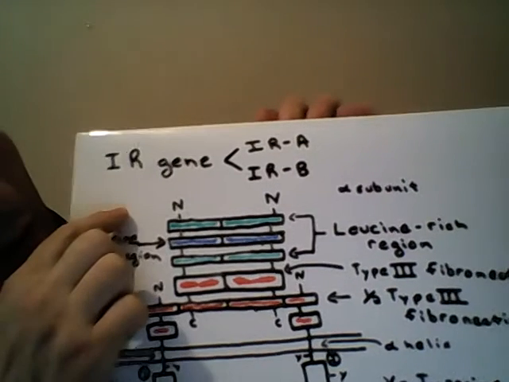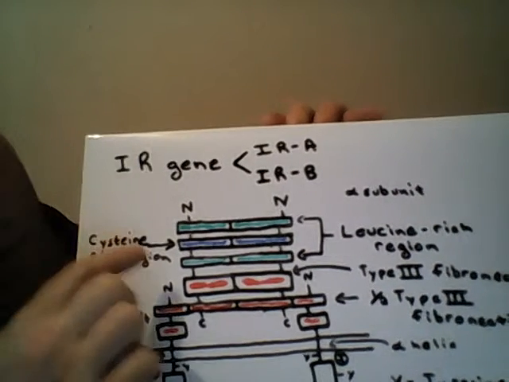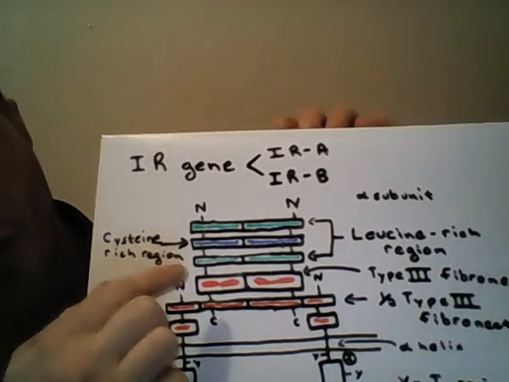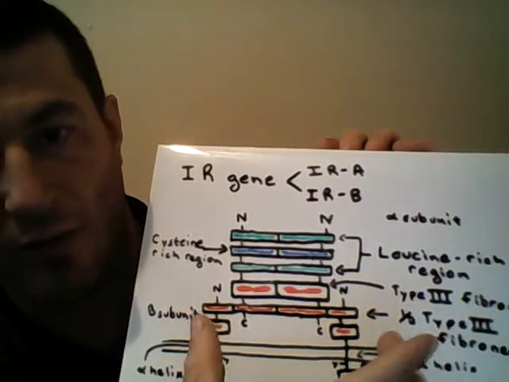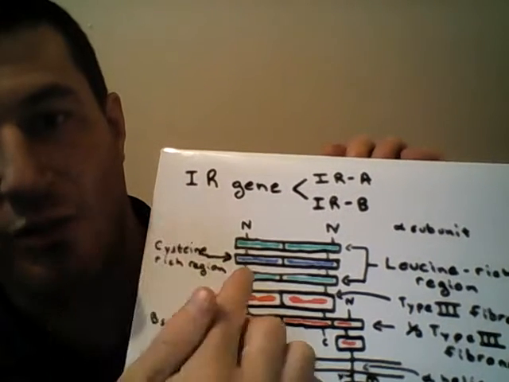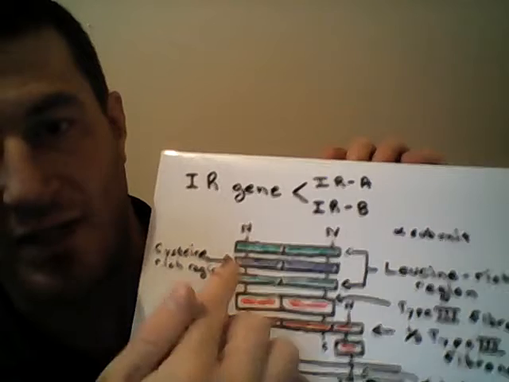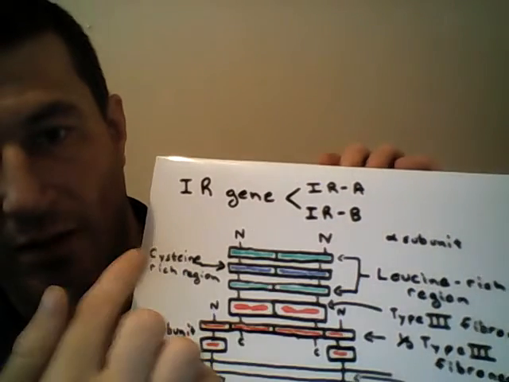Up here, right here I have coded in green, this is the leucine-rich domain, leucine-rich regions within the ligand binding domain, which means this is the portion where the ligand is going to bind, which is insulin, here and here, both sides.